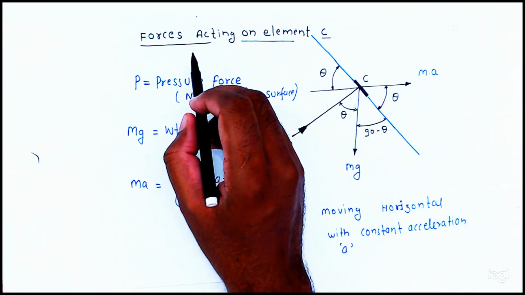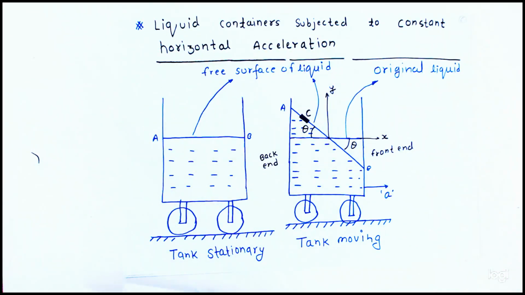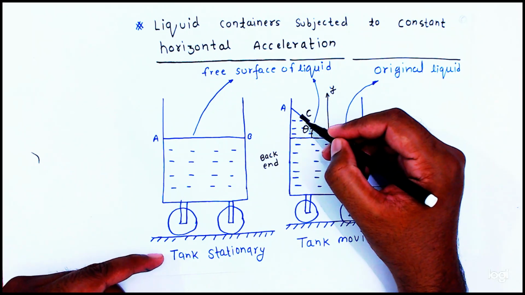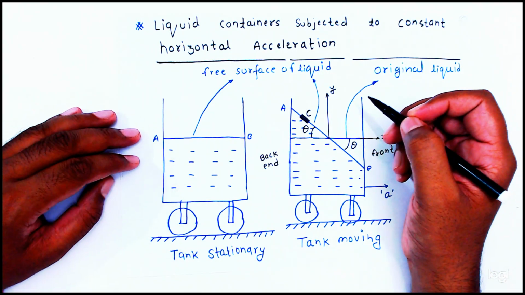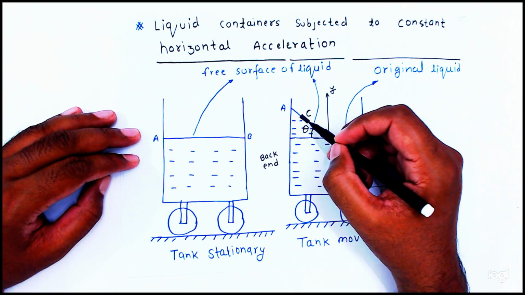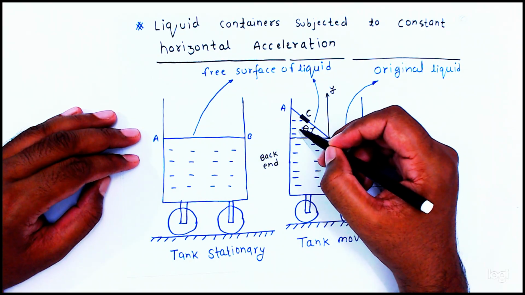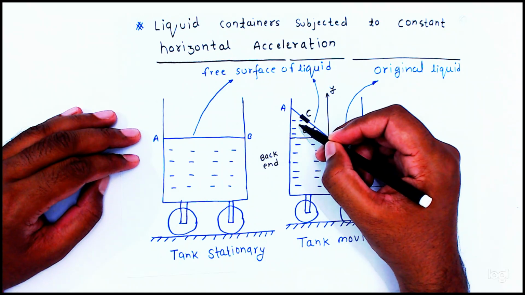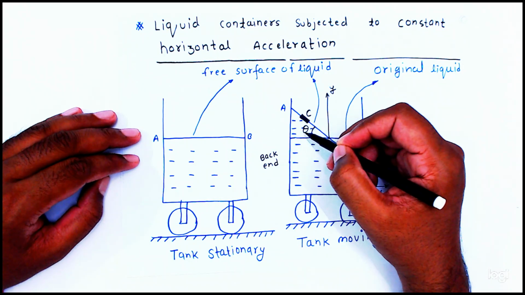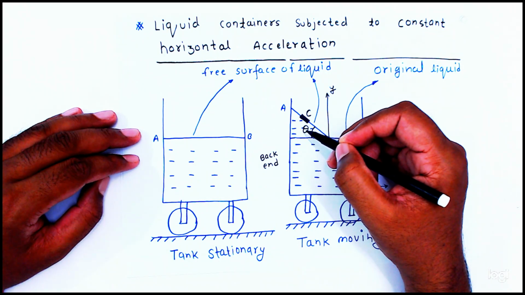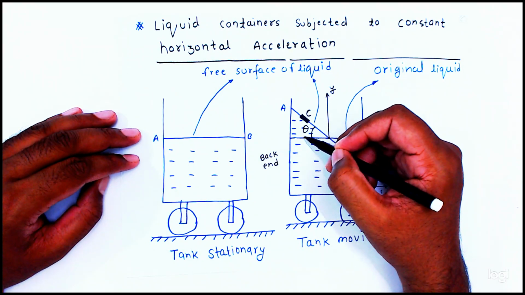So forces acting on the C element, which type of forces here, will work on this element. Guess, friends, what forces can be here? One is the pressure force, since the liquid is on this side, the pressure force will act in this direction. It will also have some weight, so it will act downward. Here the weight of the particle will work in the downward direction.